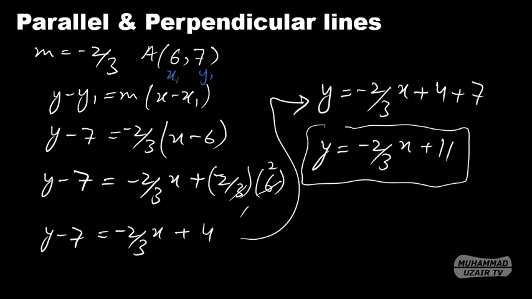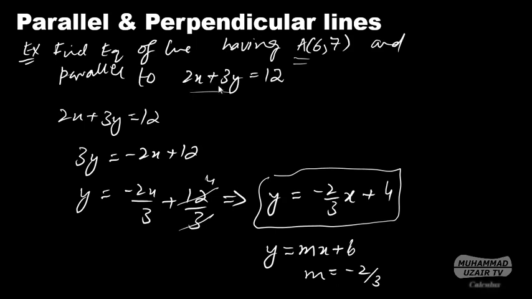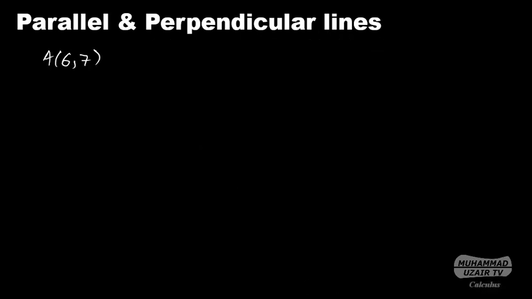Now let's change the condition. Let we have the point (6, 7) and the same equation, 2x plus 3y is equal to 12.